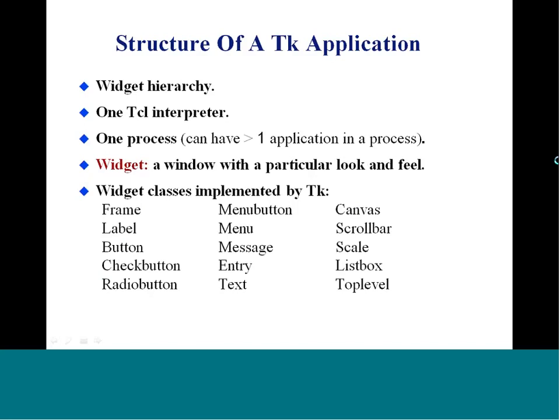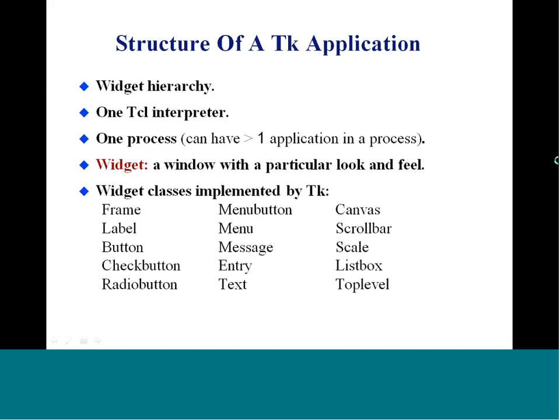So what is a widget? A widget is nothing but a window with a particular look and feel, and it is generated by TK. A widget is a class by itself, and the classes are implemented by TK.